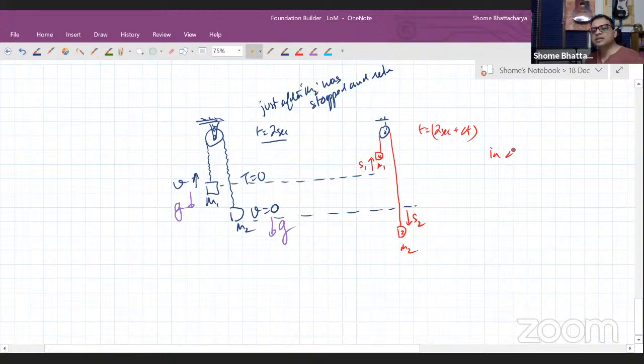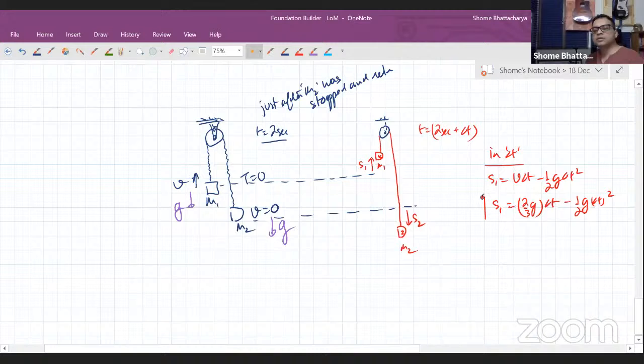So in delta t time, this displacement S1 will be v delta t minus half g delta t square. So that is 2 by 3 g delta t minus half g delta t square. This is S1, whereas this one is in free fall starting from rest, so S2 will just be half g delta t square.